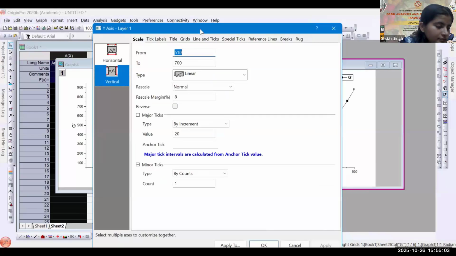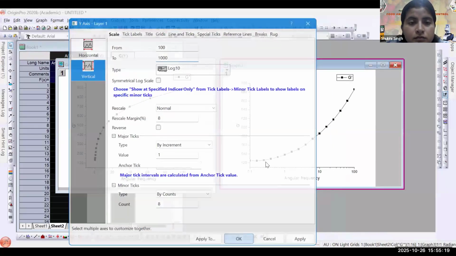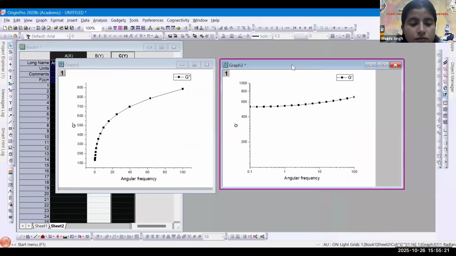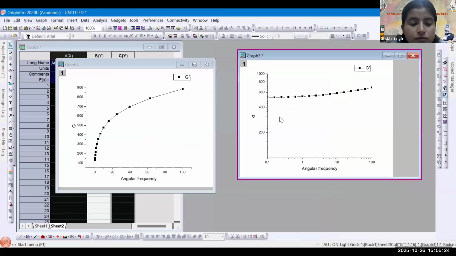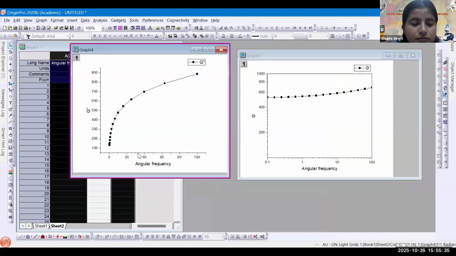Here, we will take from 100 to 1000 and make it logarithmic. Let's see how we're getting this graph. So that's how we'll get this G prime graph. Now similarly we'll make it for G double prime.